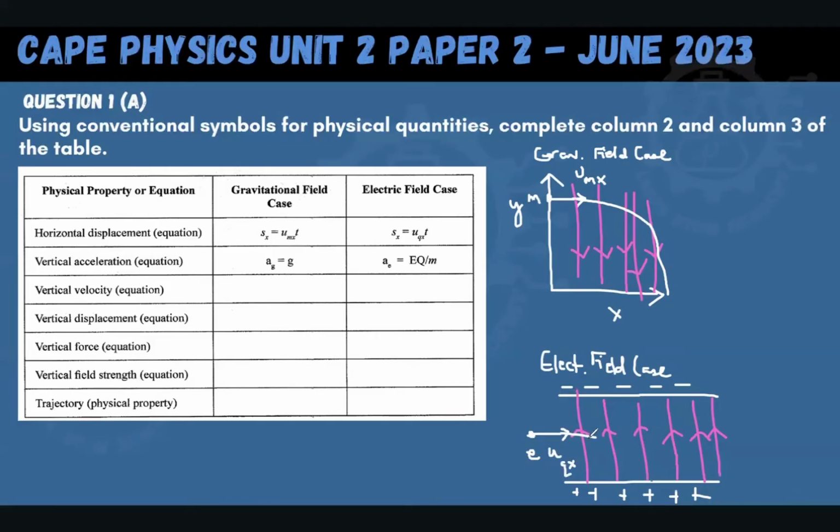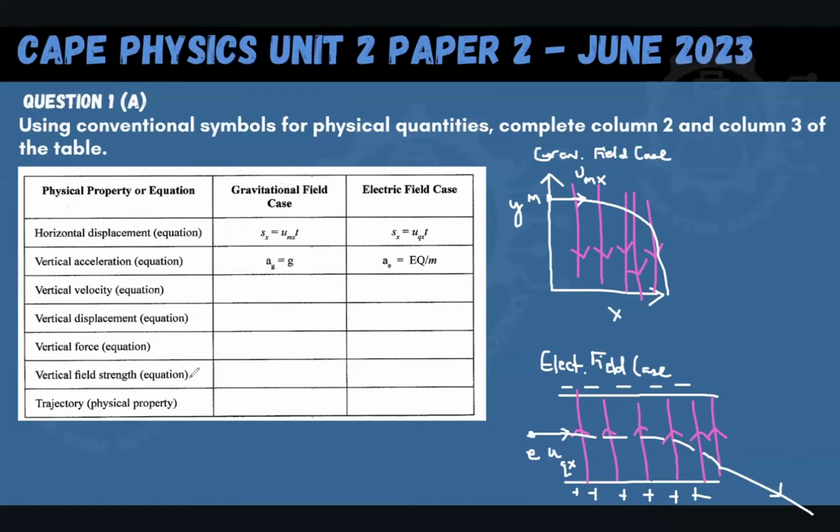And again, while the electron is in the electric field, it's going to feel a force that's going to cause it to follow a parabolic path again until when it leaves the field, it's just going to shoot off and follow a straight line once it comes out of the field. But within the electric field and within the gravitational field, that particle is going to follow a parabolic trajectory, right?